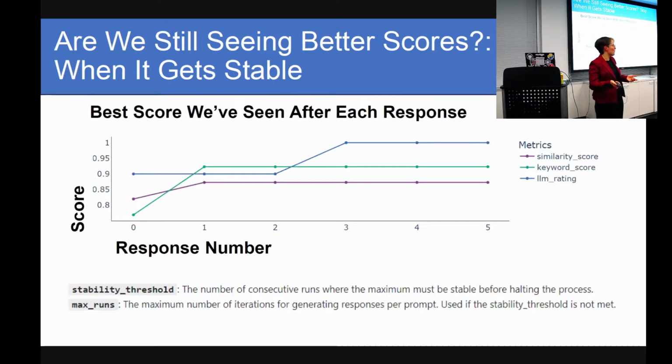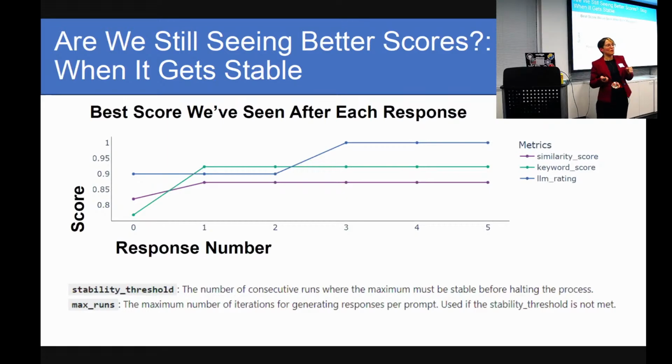Okay, I went through this earlier with Will and I made the words a lot bigger on the graph, but this is still a little bit tricky. So this is basically our process. We pull a response out and we rate it on these 3 things. Then after each time we pull a response out, we ask what's the best score we've seen so far.